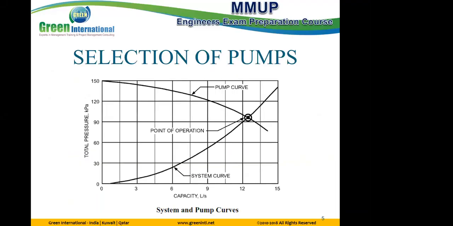Selection of pumps. Normally, we have two famous curves used for selection of pumps. But before we talk about those curves in the diagram, what are the two main parameters to select a pump?